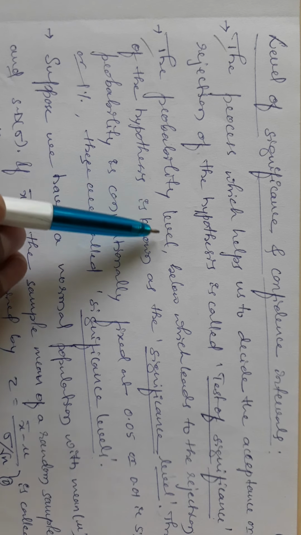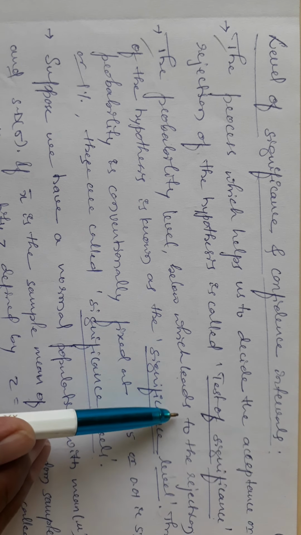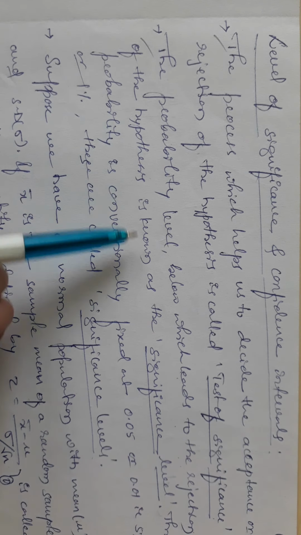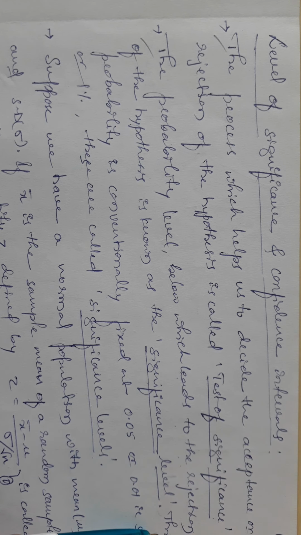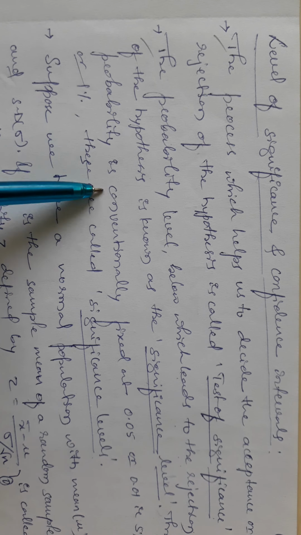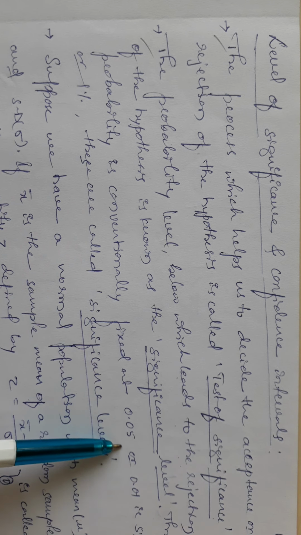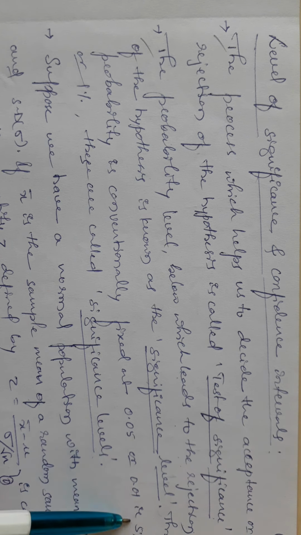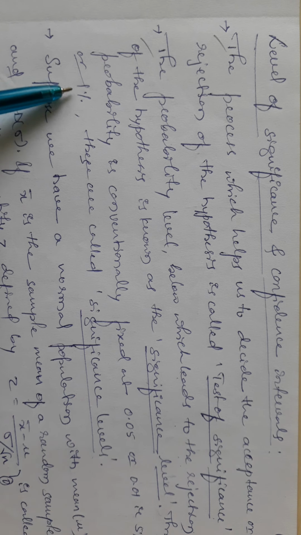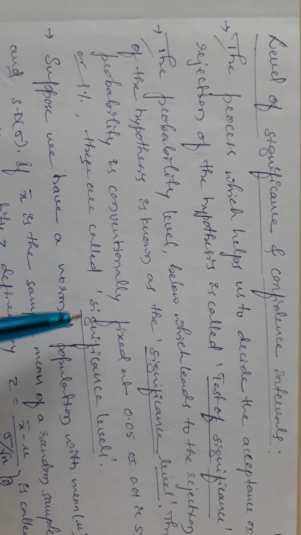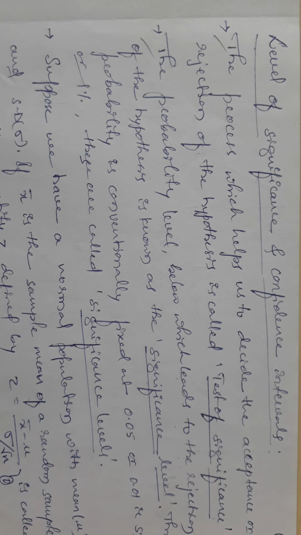The probability level below which leads to the rejection of the hypothesis is known as significance level. This probability is conventionally fixed at 0.05 or 0.01, that is 5% or 1%. These are called significance levels.